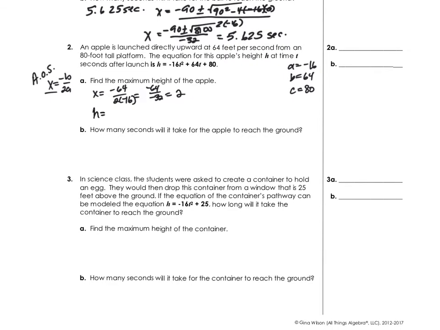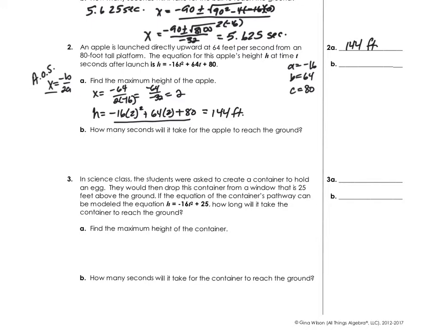So h equals negative 16 times 2 squared plus 64 times 2 plus 80 equals the height at its vertex, which is the maximum height. I can just put this into my calculator as I wrote it here: negative 16, parentheses 2 squared, plus 64, parentheses 2, plus 80, enter. And I got 144 feet.